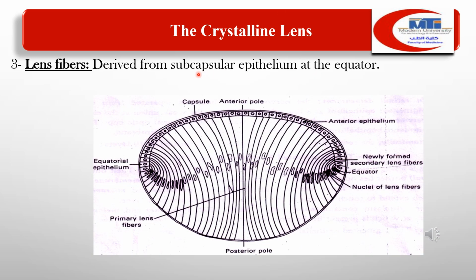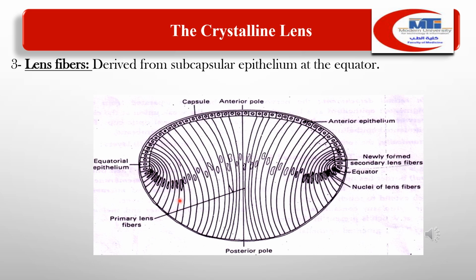The lens fibers are highly differentiated and elongated cells. They develop by division of the subcapsular epithelial cells at the level of the equator. These peripheral younger cells contain nuclei and a few organelles.